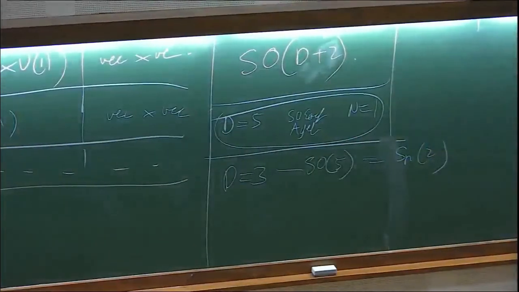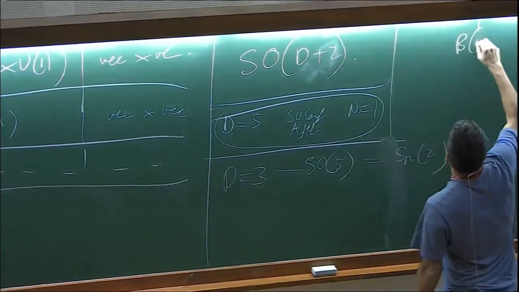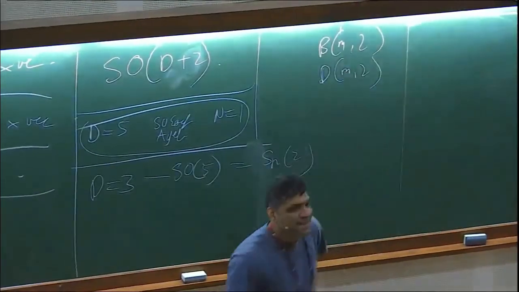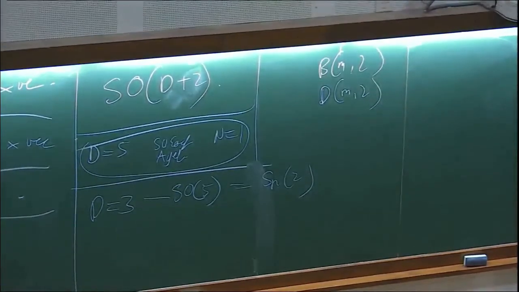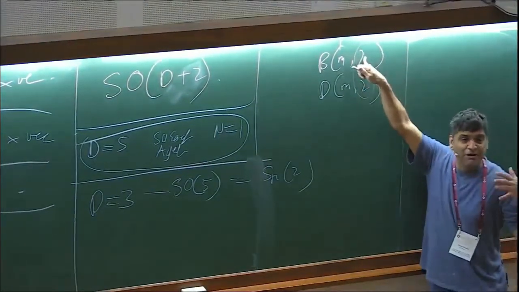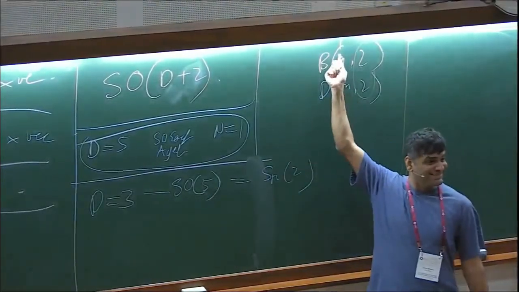So now look here. Even though we didn't have an SO, we did have an Sp, and we had something transforming in the vector of Sp. So we choose this to be 2, either here or here. We find that B(M,2) and D(M,2) are superconformal algebras in which the supercharge transforms in the spinor of SO(5) and then has an R symmetry.